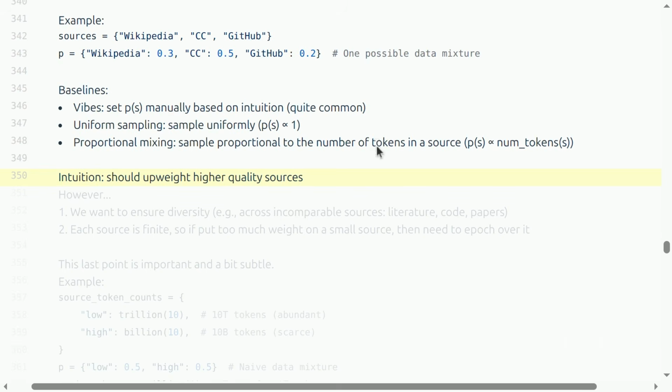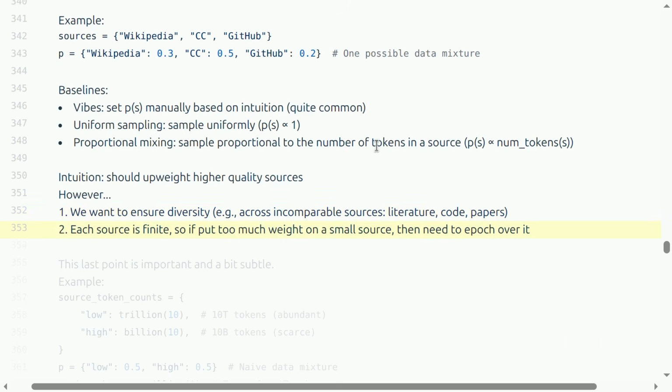Okay, but there's 2 things that are important to keep in mind. One is that you do want to ensure some diversity, right? So often sources are incomparable. For literature, code, and papers, you can't really say that this paper is higher quality than this code because they're just incomparable objects maybe. And if you want your language model to do well, you don't want to just put all your mass on just papers.